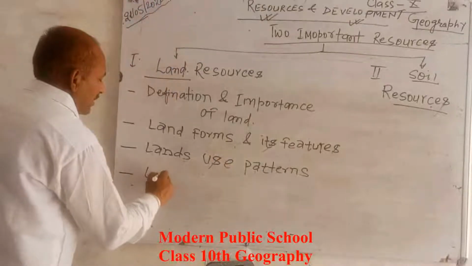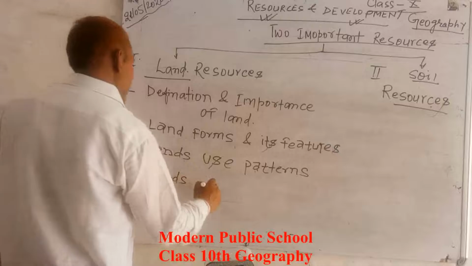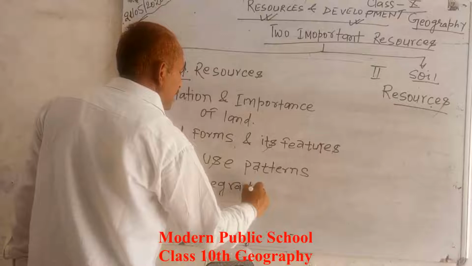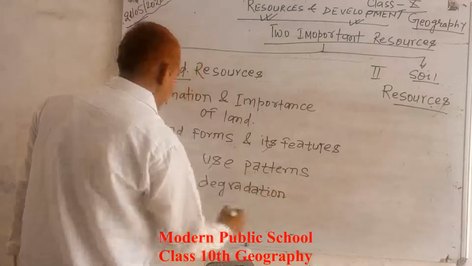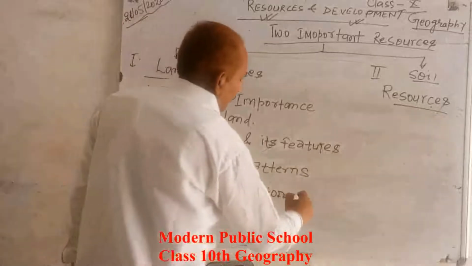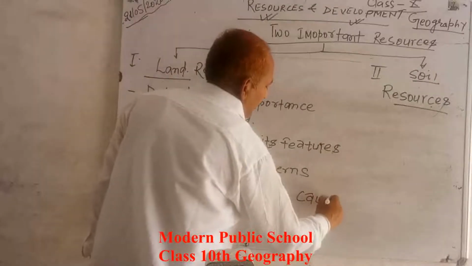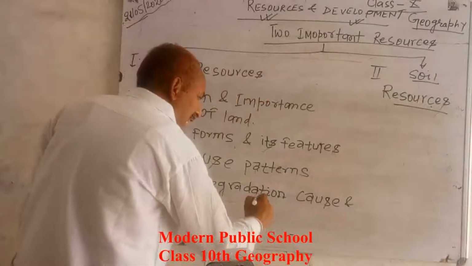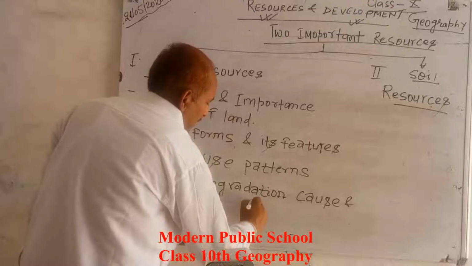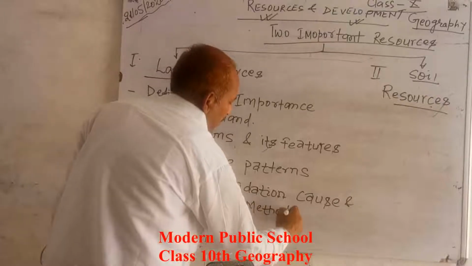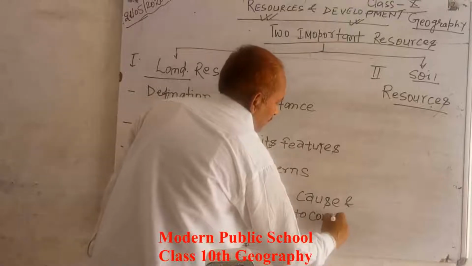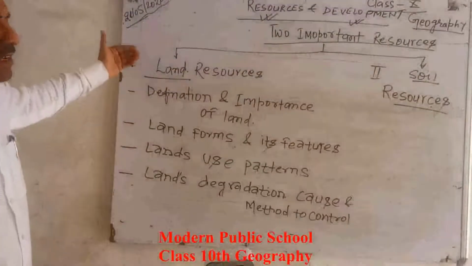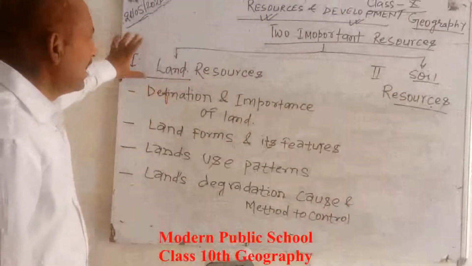And fourth, land degradation, that is, land degradation causes and methods to control. These are the 4 important topics of the first, land resources.